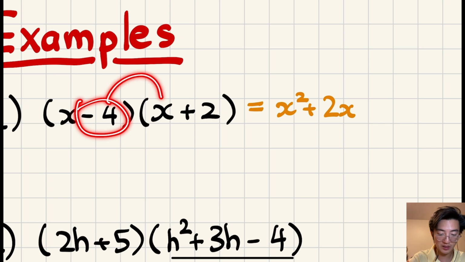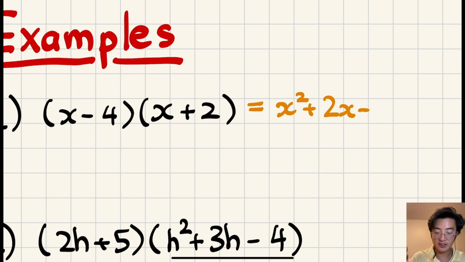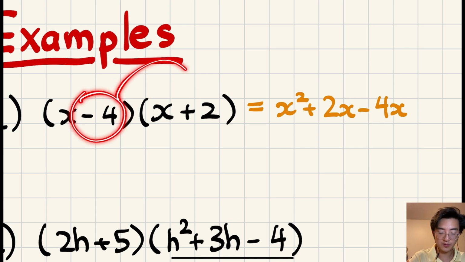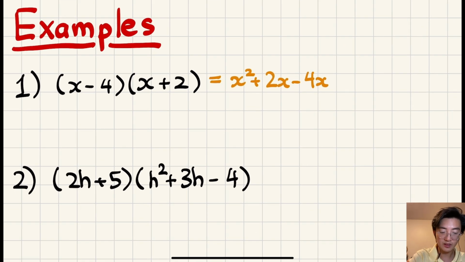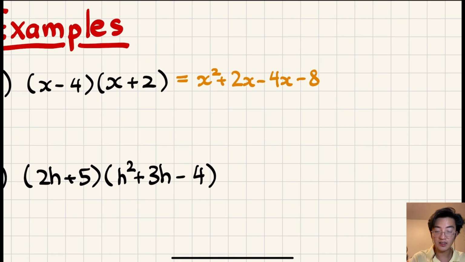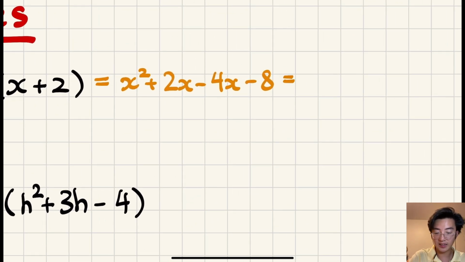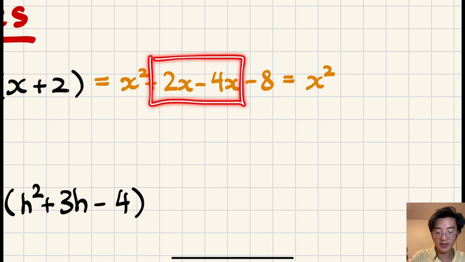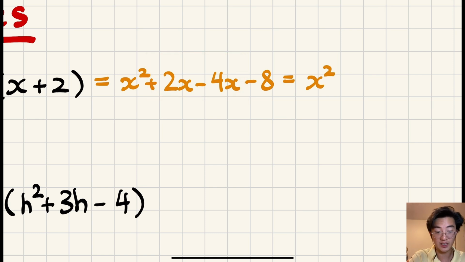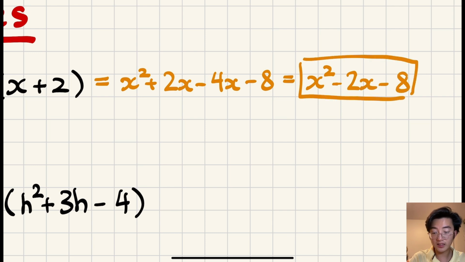So negative 4 times x gets us negative 4x. Negative 4 times the 2 is negative 8. And then we combine the like terms. x squared. Right here we have 2x minus 4x. 2 minus 4 is negative 2, which is minus 2x minus 8. So yeah, that's the answer.